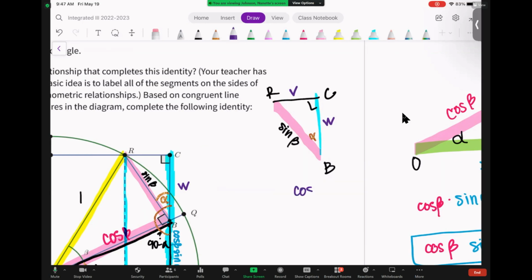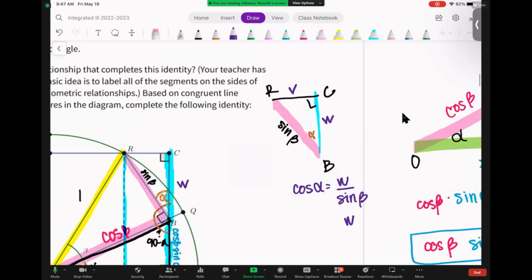So cosine of alpha equals W over sine of beta, which implies that W equals sine beta cosine alpha. I'll put a little box around that. So that's sine beta cosine alpha.